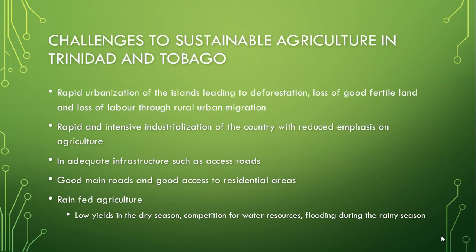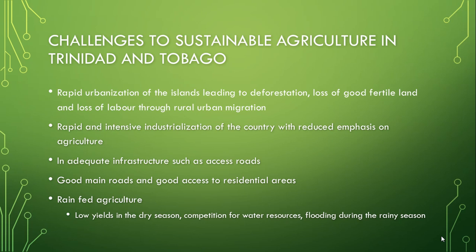So what are some of the challenges to sustainable farming in Trinidad and Tobago? Some of these we would have mentioned before. For example, we have our rapid urbanization taking place in both islands, as we've already seen. And when this occurs, you find this happens at the expense of forests. So we have deforestation occurring. We have the loss of good fertile lands to the expense of building residential and commercial and industrial activities.